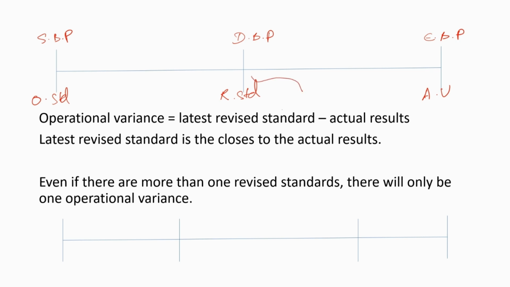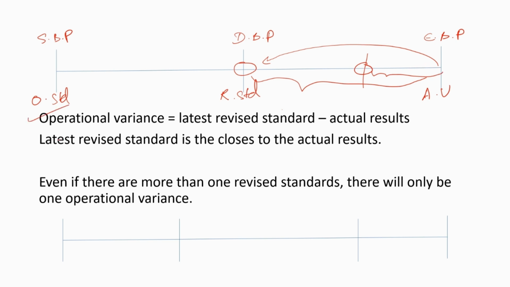So the operational variance can be calculated by taking the difference between the latest revised standards and the actual results. In this case, this is the latest revised standard because this is the closest to the actual results. So we have to calculate the operational variance by using these two values.